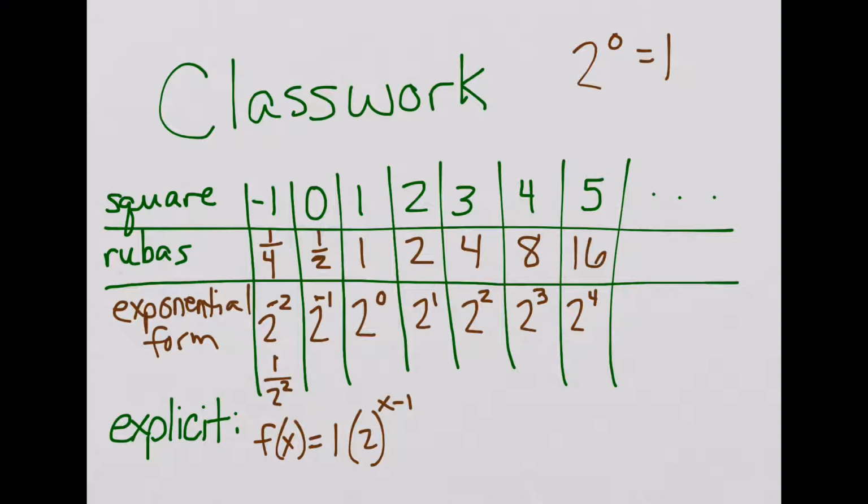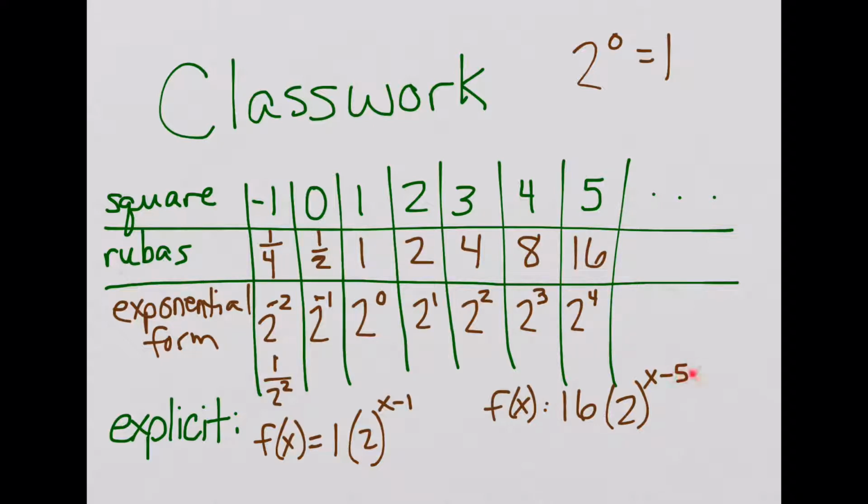But what is something that is very cool about this is that you can actually use any term you'd like to write this explicit equation. So for example, you could say f of x equals 16 times 2 to the x minus 5.